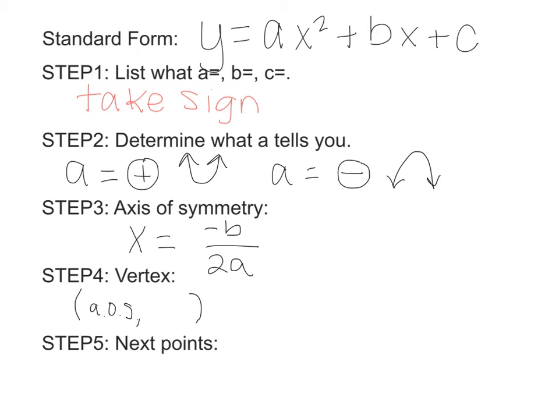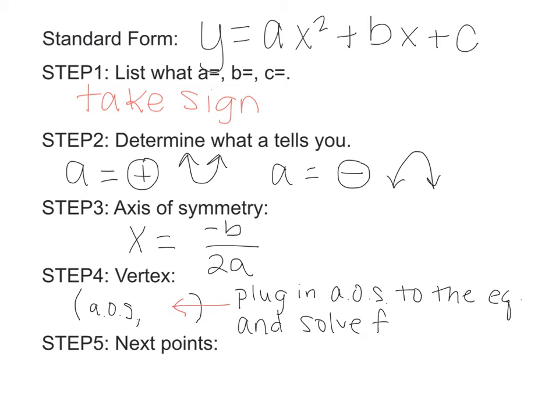And the y value is going to be what we get when we plug in the axis of symmetry to the equation and solve for y. So that is how we find our vertex. We find our axis of symmetry. Then we take the axis of symmetry and plug it into the equation to solve for y.